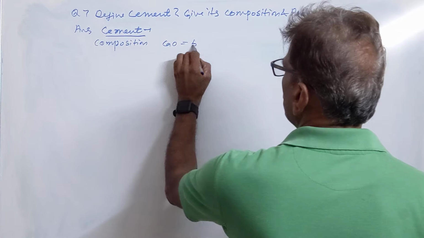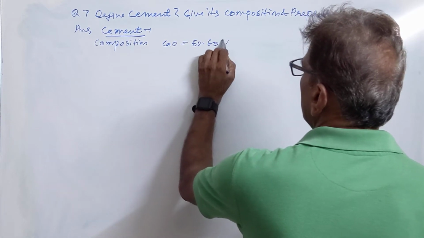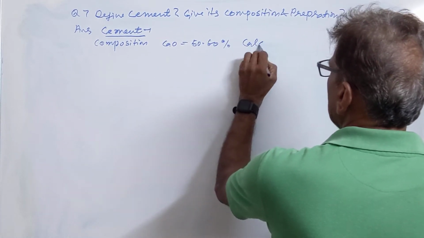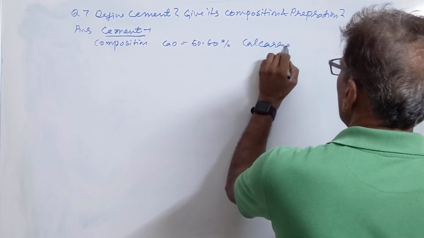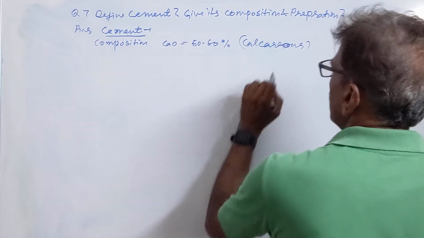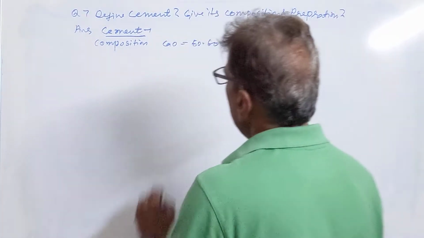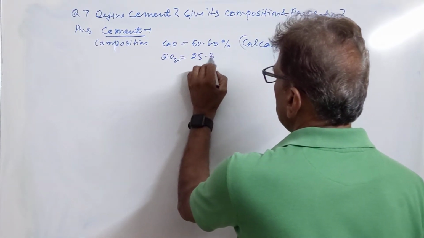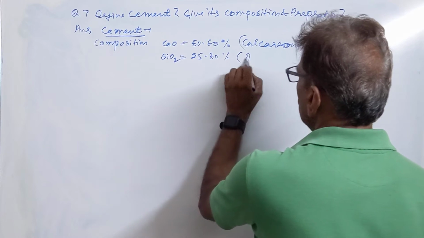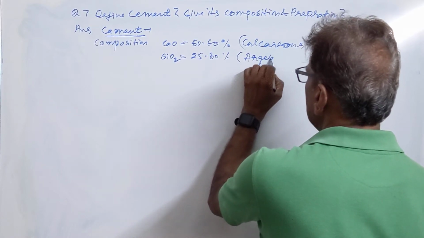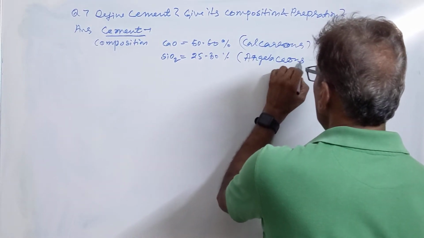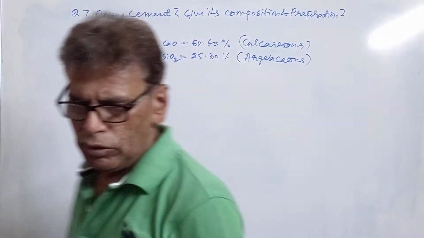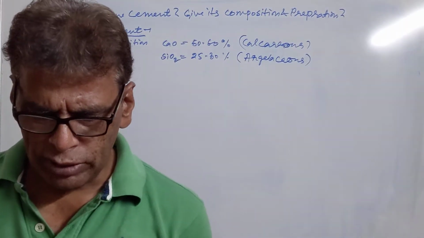CaO, 50 to 60%. This is called calcareous material. Then we have SiO2, around 25 to 30%. This is called argillaceous material. So these are the two major components of the cement.